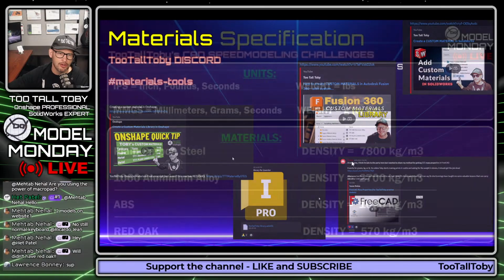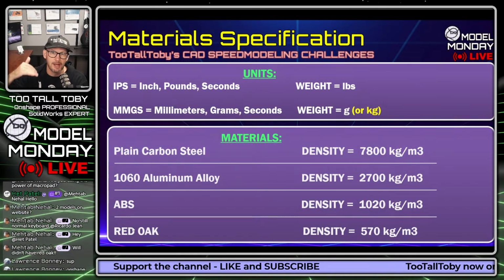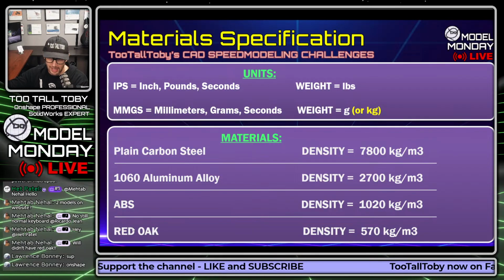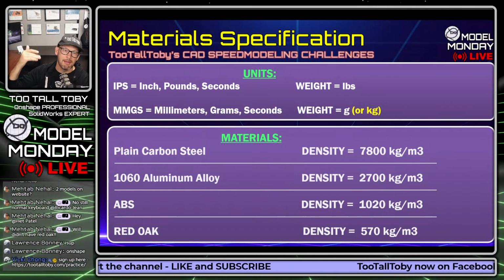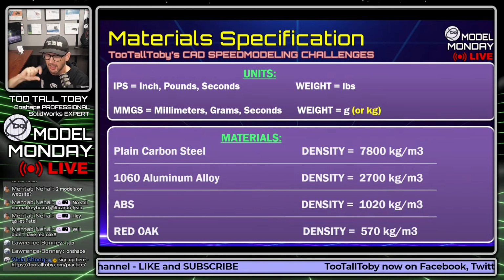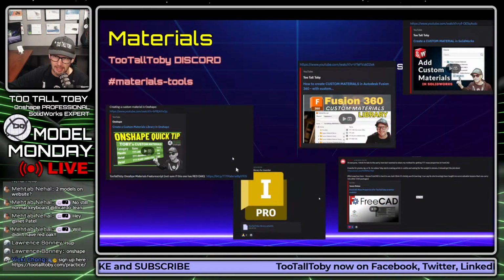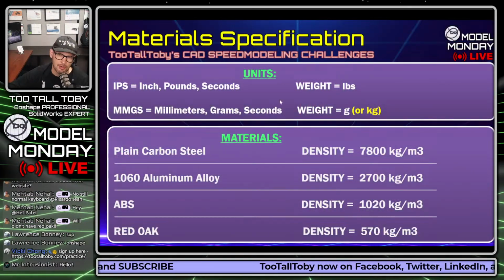If you are using one of these CAD systems and you want to compete today, you have to have these materials ready to go. Otherwise, you're not going to be able to calculate the mass correctly. You can either input that manually as a custom material in your CAD system, or you can go to the Discord, grab those materials and update your libraries. I guess you could also create your own library on the fly pretty quickly.